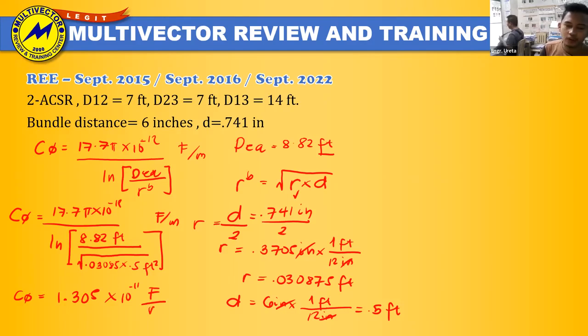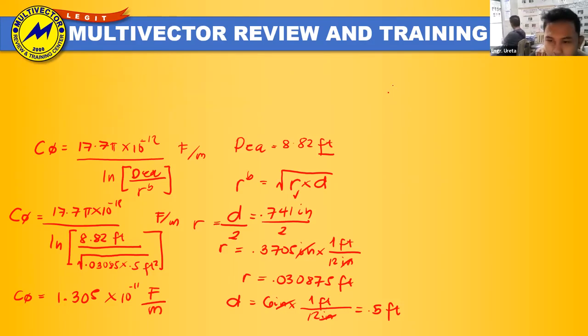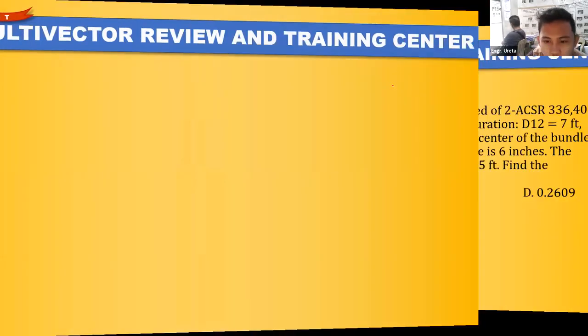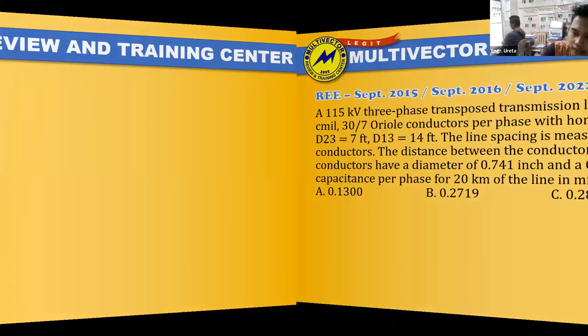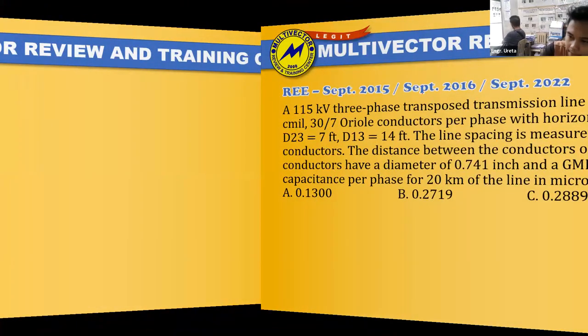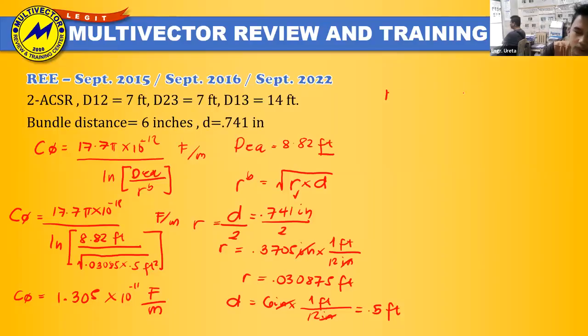So para makuha natin yung capacitance ng line, for a 35, tama ba? 35 kilometer ba? 20 kilometers, so ano pala? For a 20 kilometer line, the capacitance per phase, which is 1.305 times 10 raised to negative 11 farad per meter, but at 20 kilometer is just equals to 20,000 meters.